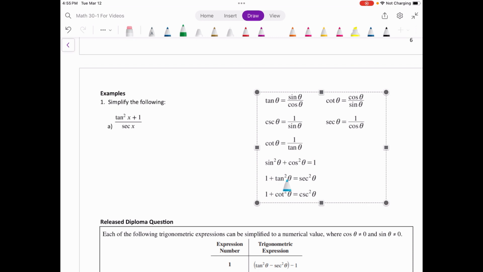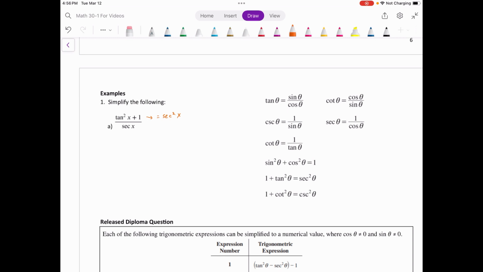It's equal to secant squared of theta. So this numerator is just secant squared of x, right? Even planning ahead a little bit, that's going to be really nice because it's over secant x. So those are going to cancel out. Do you see what I mean here?